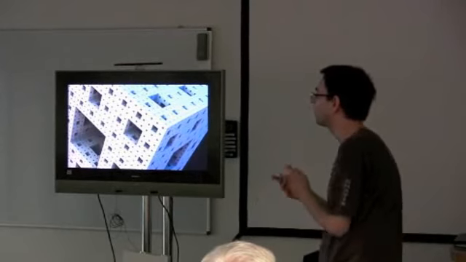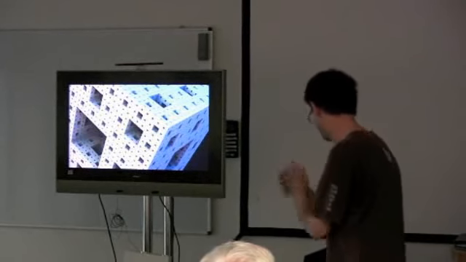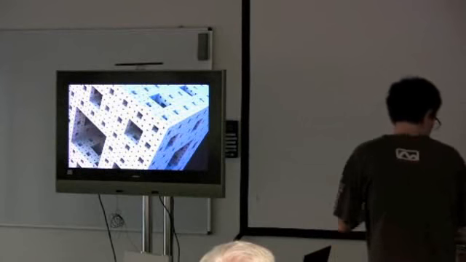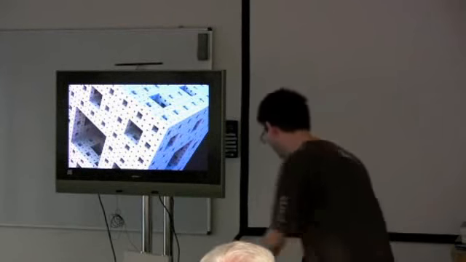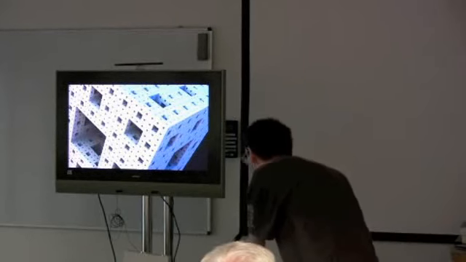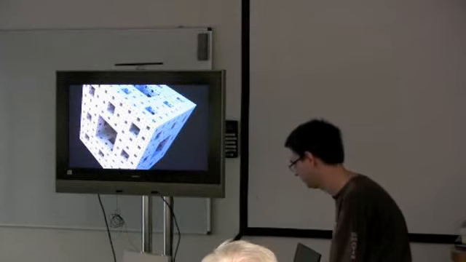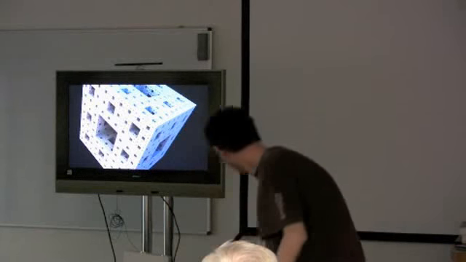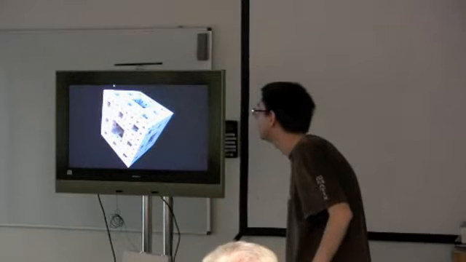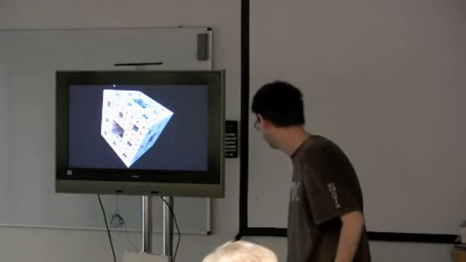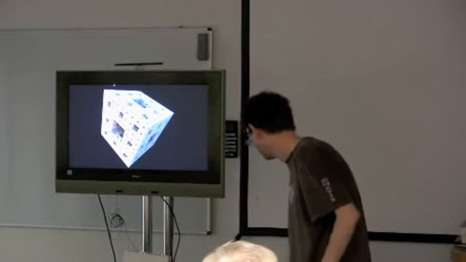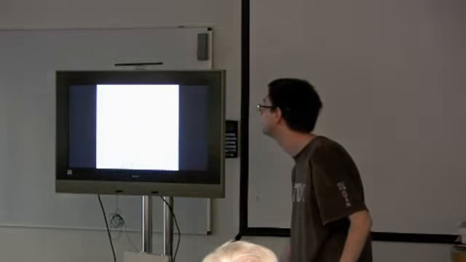So, this is of course the Menger sponge. If we have a look, it's a 3D version of the previous shape we saw, which was this one.